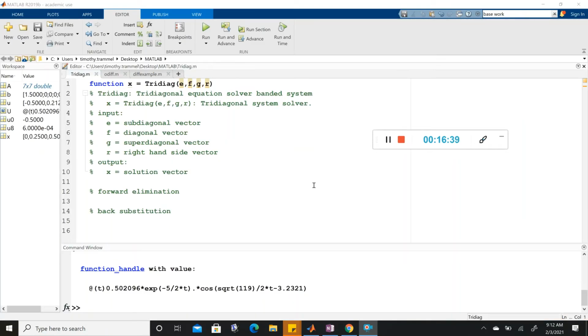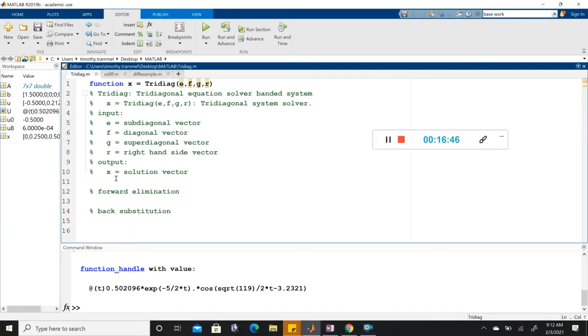All right, we are back in Matlab here. I want you to first note that anytime we're solving any matrix type problems, it's really important to know what the dimensions of that matrix are. We won't actually be inputting the matrix itself.